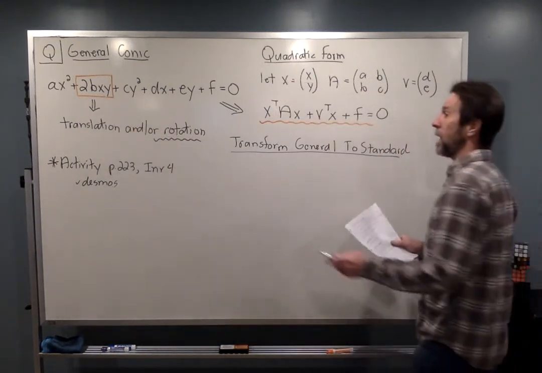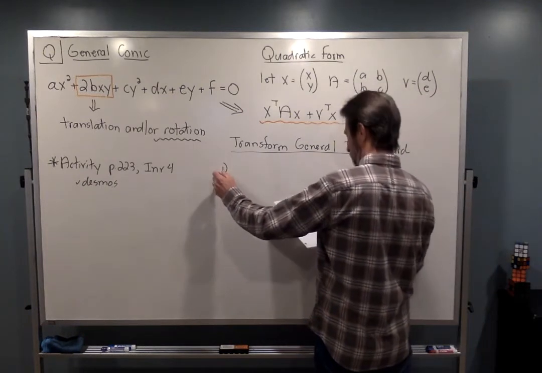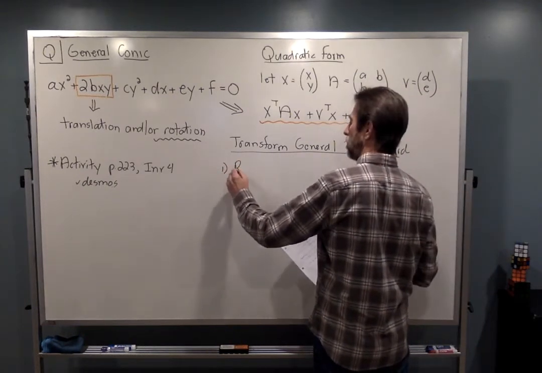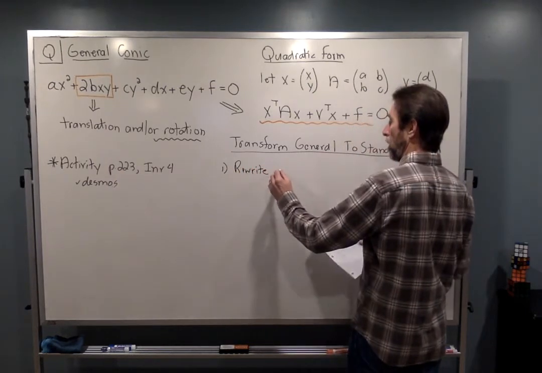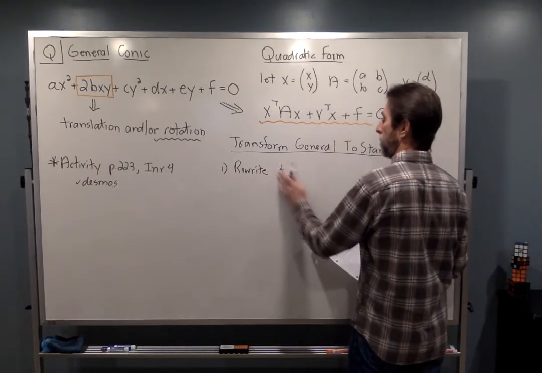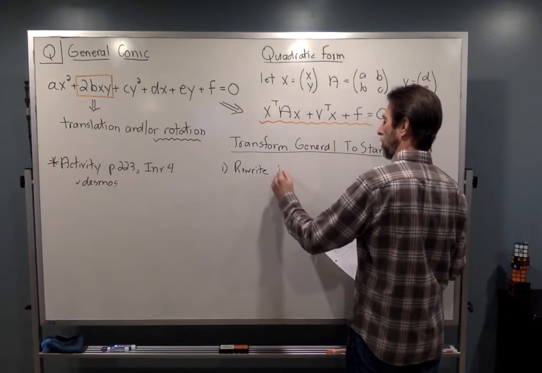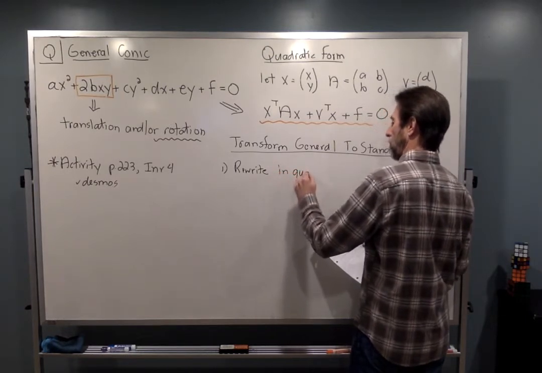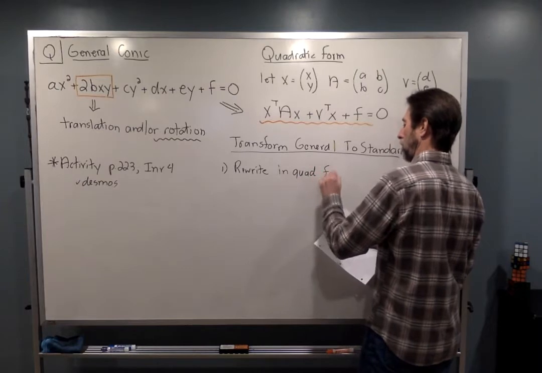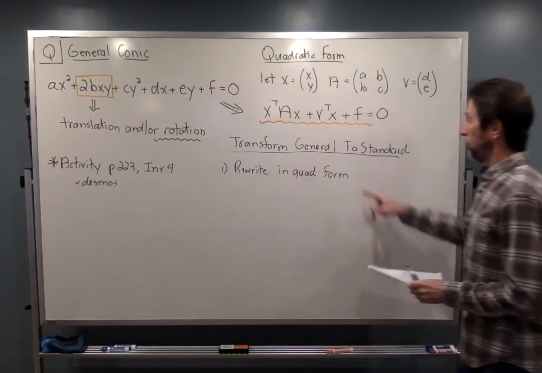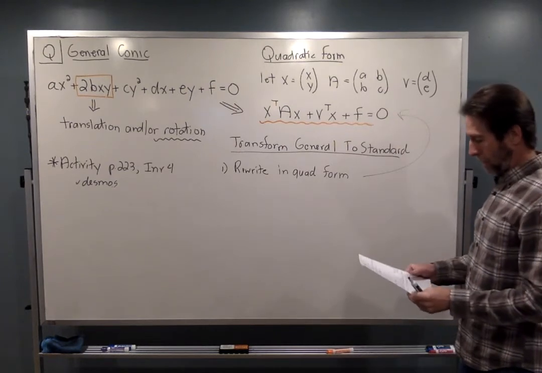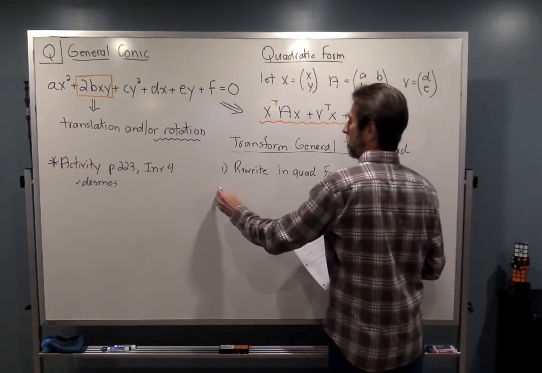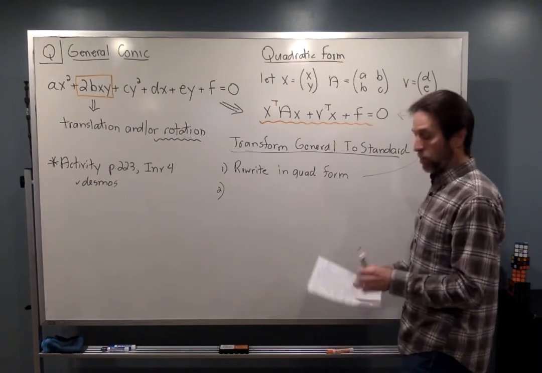So here are some of the steps. First thing, you're going to rewrite it in that quadratic form. Now I'm not going to do that, but that's basically rewriting it this way. And that won't be too difficult. And here's a blast from the past in terms of linear algebra.